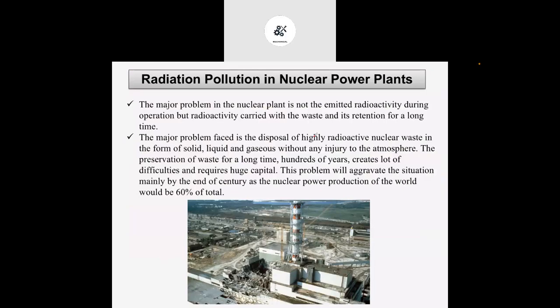You can also refer to the Central Pollution Control Board website, so you can understand what the different pollutants are and what the proportion of those pollutants coming from thermal power plants is compared with other sources. You can find that out by using the different reports available on the Central Pollution Control Board website.